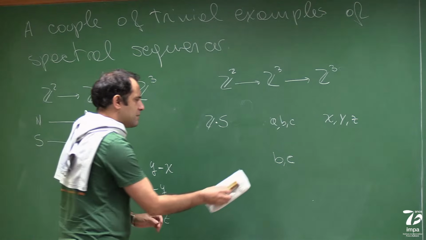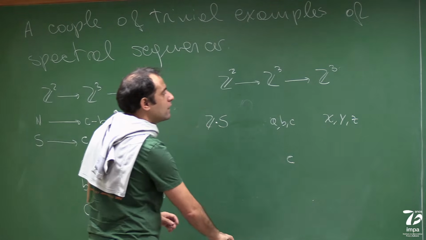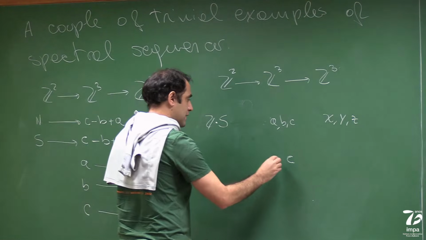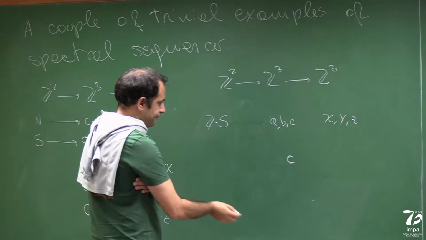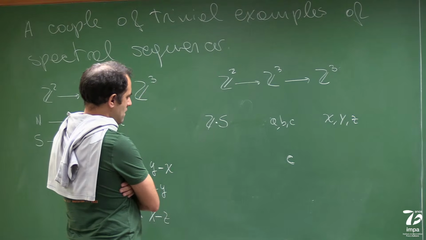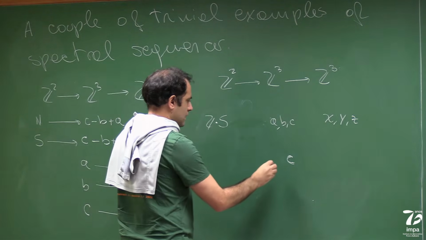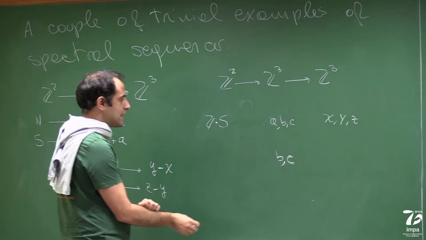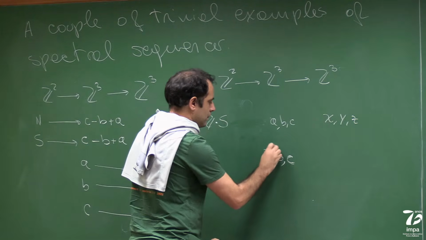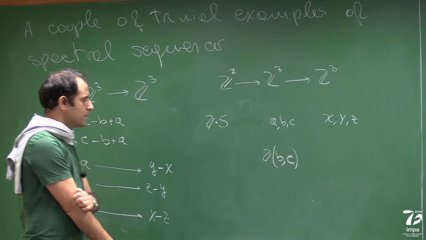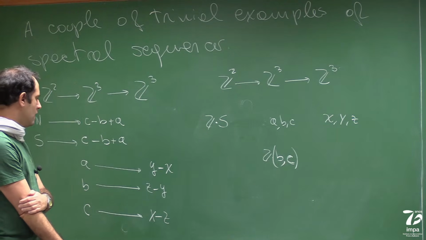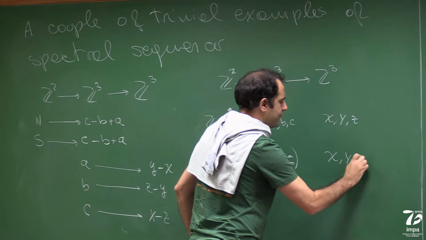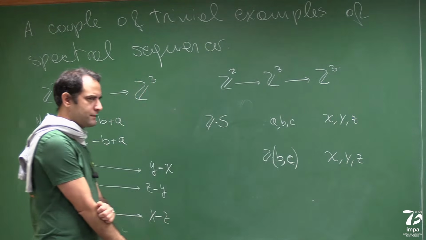I want to do this in a minimal number of steps. I don't want to make it too long. But it looks like I'm going to need all of them anyways. So okay, let's keep B and C here. So that's a Z2. And then I'm going to have to keep X, Y, and Z here. So that's a Z3.